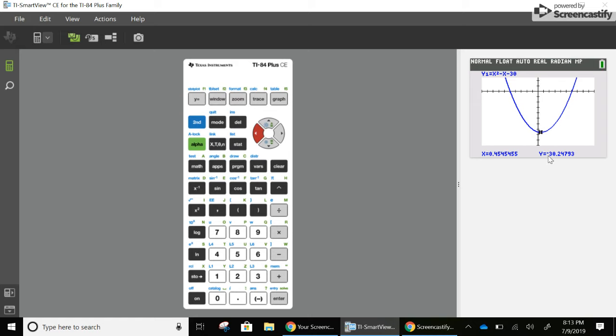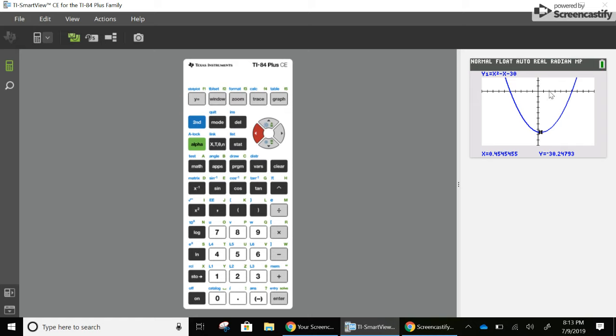The next one is our roots. Our roots are where our line touches the x-axis. These are also called x-intercepts, zeros, or functions of zeros. All right, so you can see, look, it's touching right here. If we count 1, 2, 3, 4, 5, that's negative 5. That means one zero, or x-intercept, is negative 5.